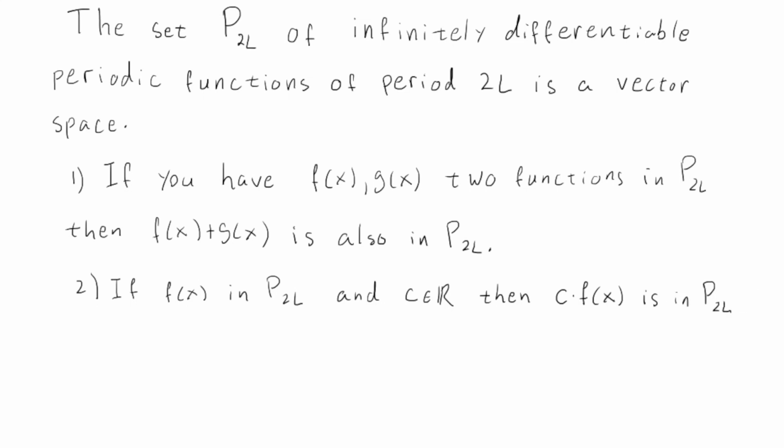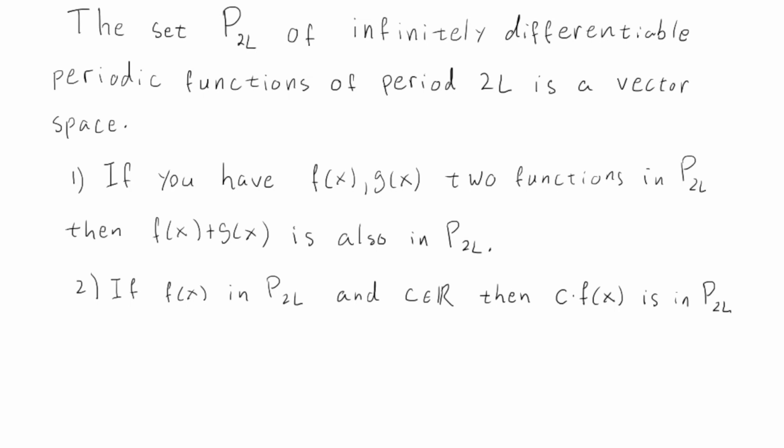So basically, in this set, you can add functions together, and you can multiply functions by a real number. Once you have addition and scalar multiplication, you say that the set is a vector space. I mean, there are nice properties that they have to satisfy. I don't want to get into that.